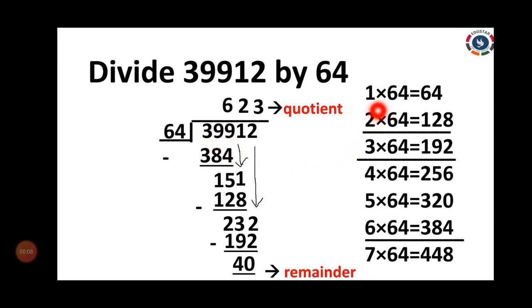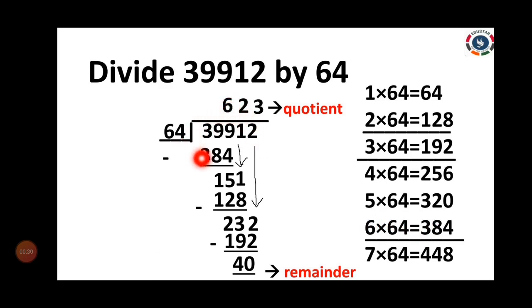So you have to write the multiplication table for 64. Then you have to take the product that is equal to 399 or less than 399. So we are having less than 399. So how many times? 6 times, that we want to write at the top.